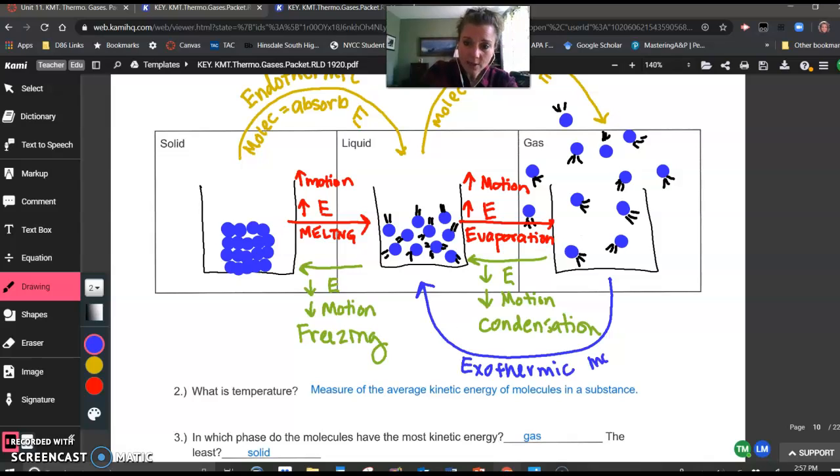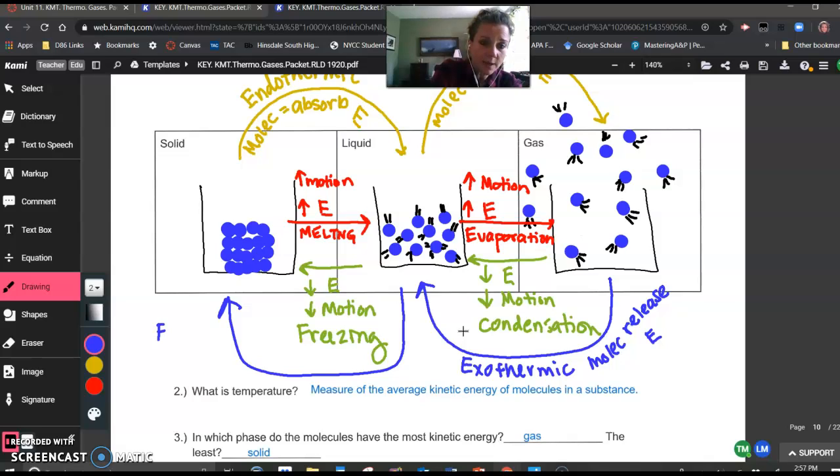And our molecules are going to release energy. And the same for the other side. This also is exothermic. And our molecules have to release energy, again, to the surroundings.